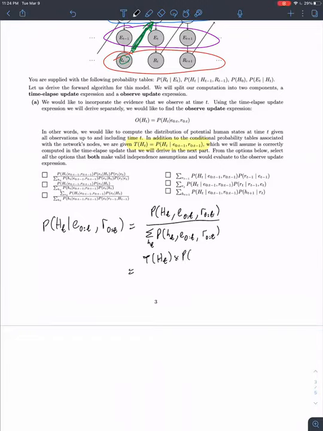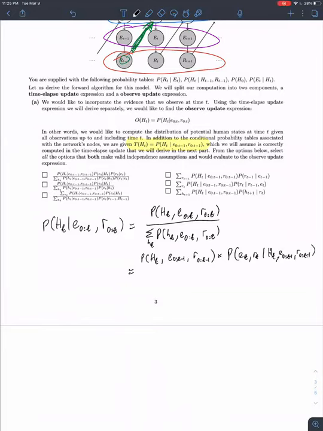So what I'm going to do is decompose the top into the probability of HT, E0 to t-1, R0 to t-1, times the probability of ET and RT given HT, E0 to t-1, R0 to t-1.